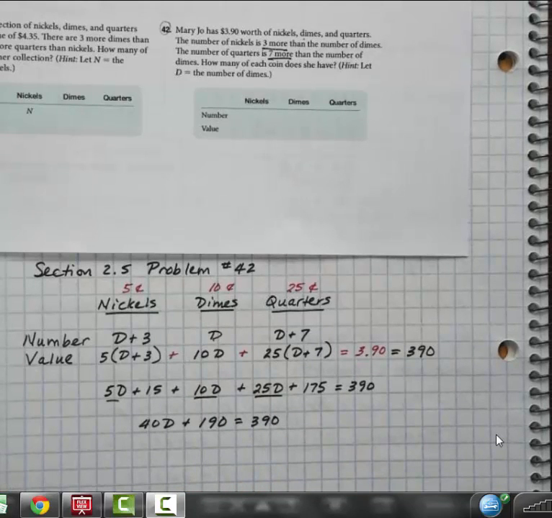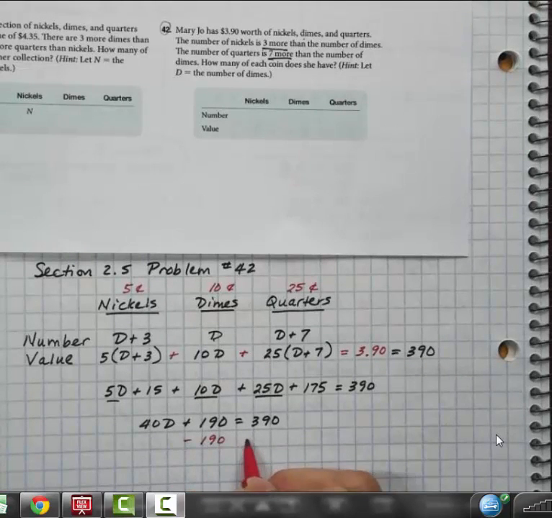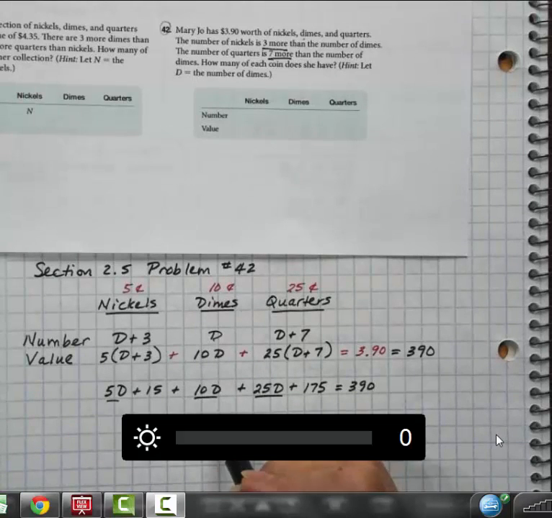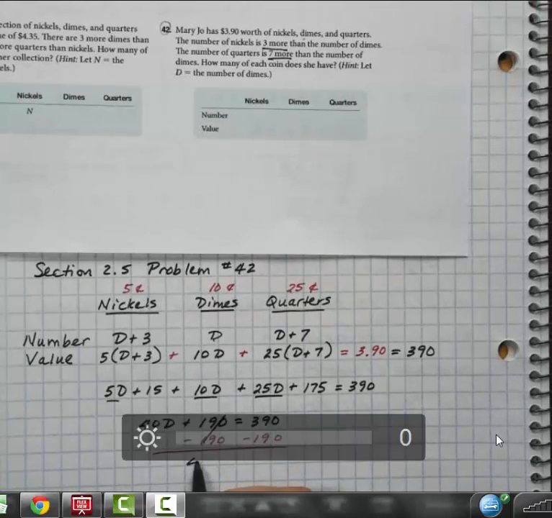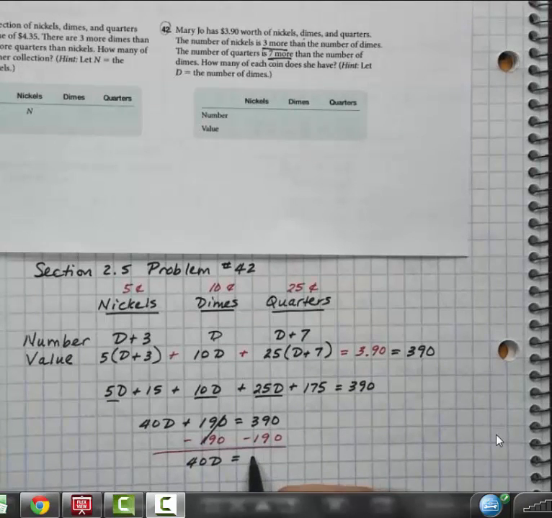And now it's a matter of solving the equation. We're going to subtract 190 from both sides. When we do that, our 190 on the left cancels out, and we're left over with 40D equals 200. Then we're going to divide both sides by 40 to get the D by itself.